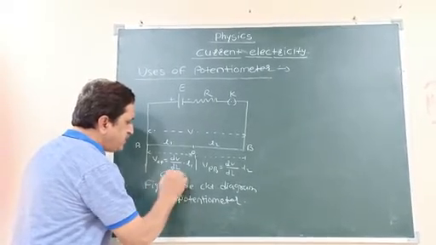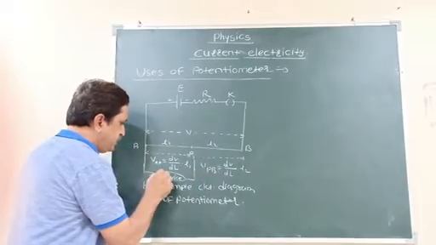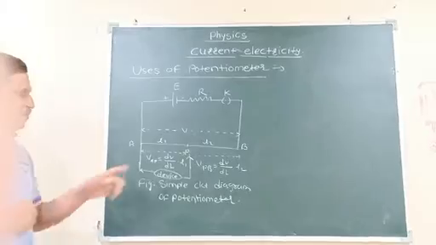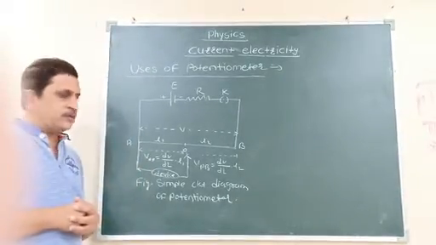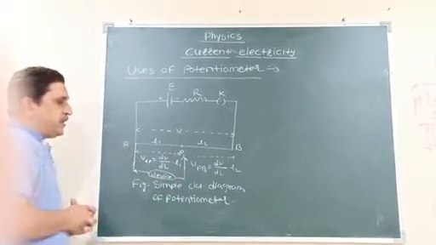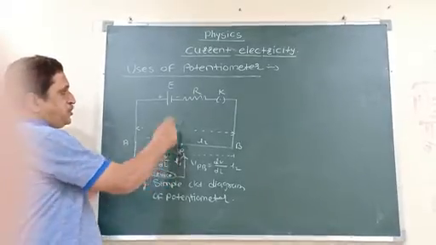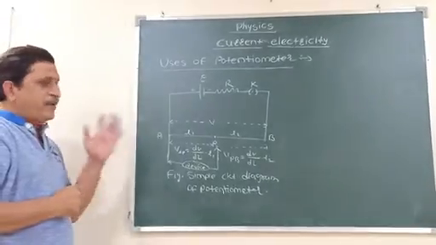Suppose this one is the device which is connected in such a way that one end of that device is connected to the point A of the potentiometer wire and another end of this device is connected to the sliding jockey which is used in the circuit diagram for the potentiometer. Now how we can use it?